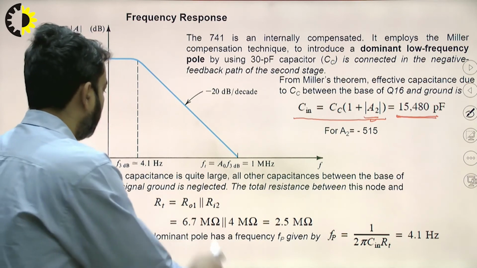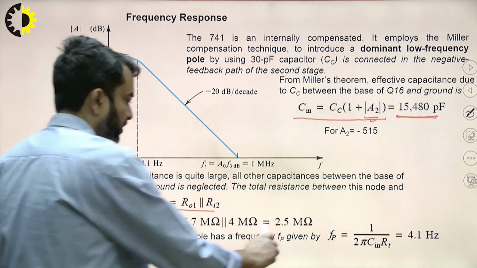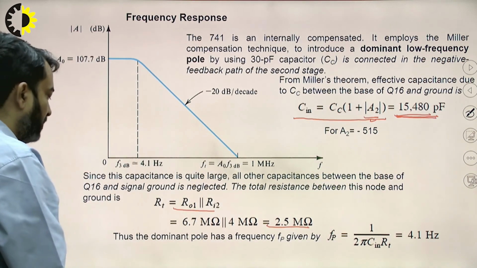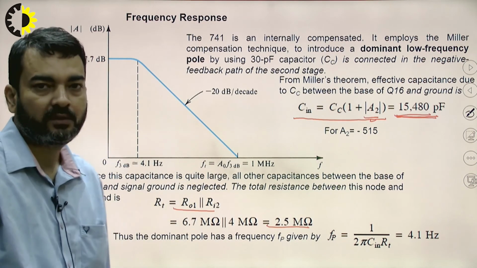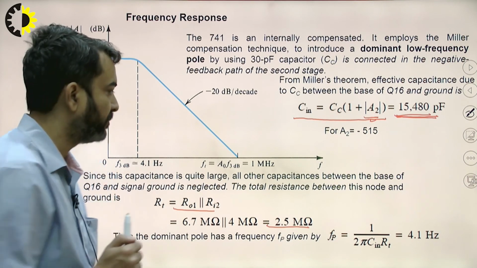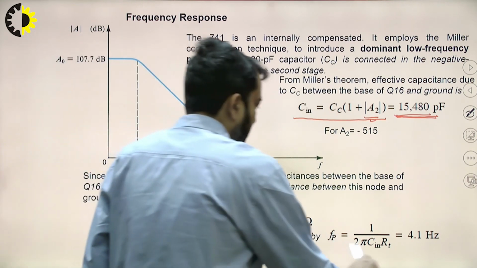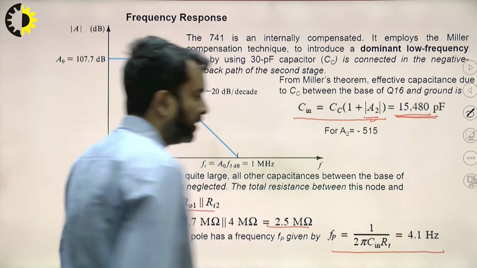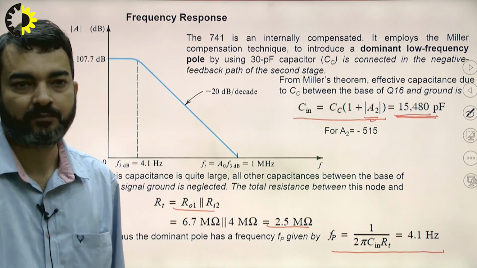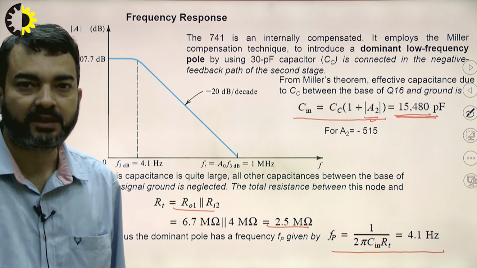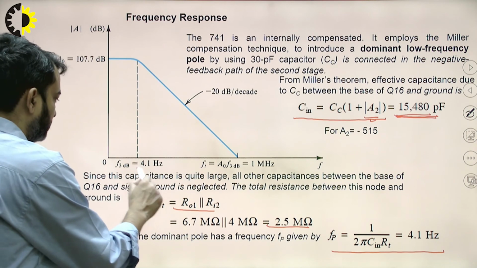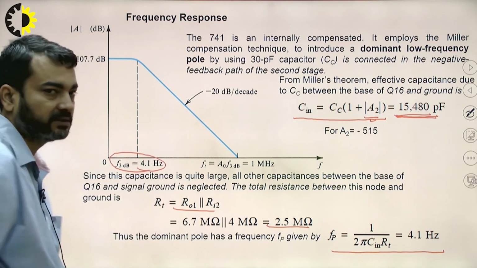So this is the net resistance, and the time constant will be this multiplied by this. So we can calculate the pole frequency because of this capacitor. This is coming as 4.1 Hertz. So by this frequency compensation, we deliberately introduce a dominant pole at a lower frequency of 4.1 Hertz.